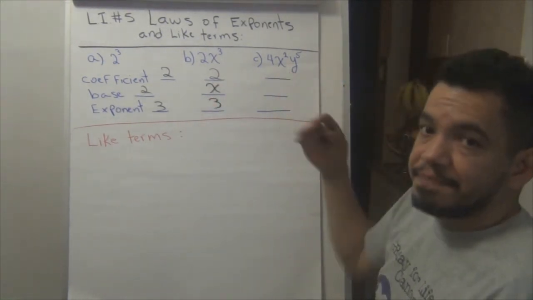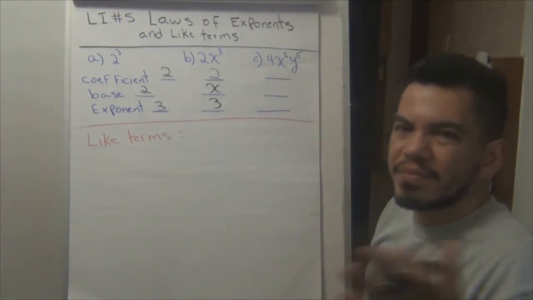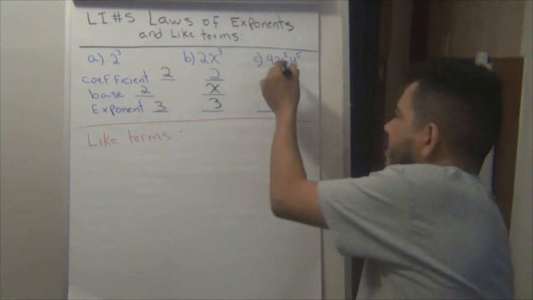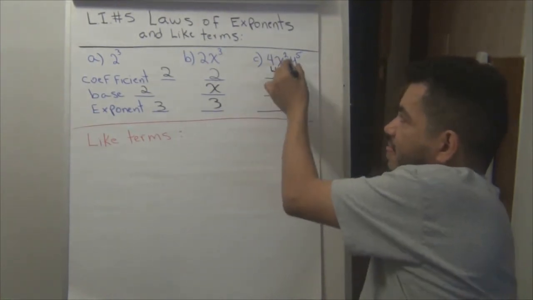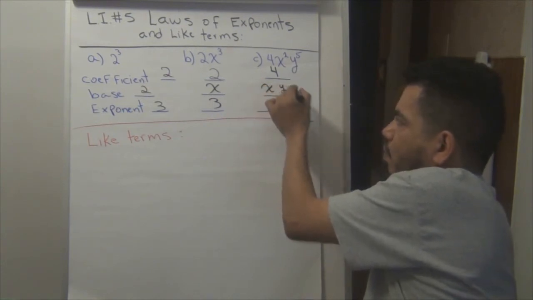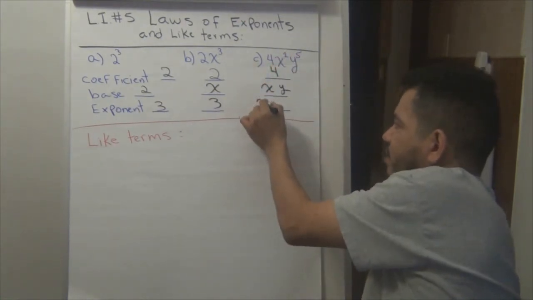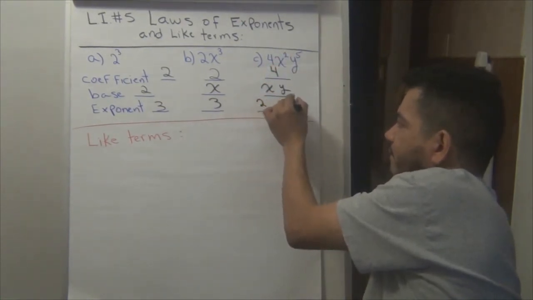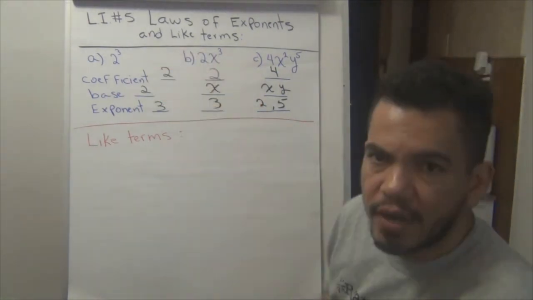In this example, and by the way, like 90% of the time, the base will be some type of variable. So in this case, the coefficient is the numerical value, and the base is nothing more than x, y. Exponent, well, in this case we have a 2 and we have an exponent of 5. Okay? So enough with that.